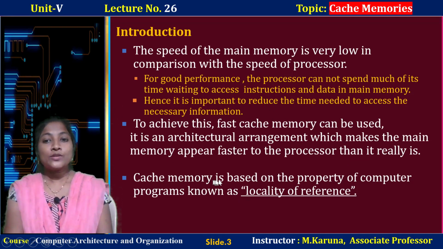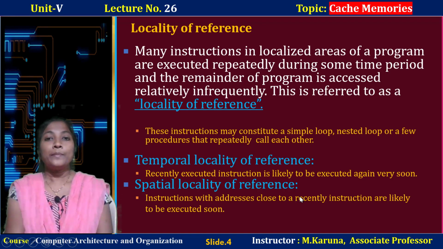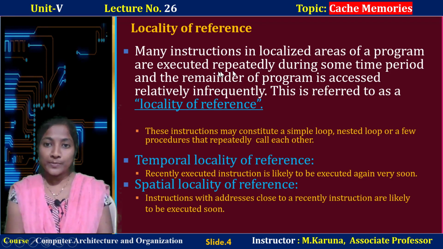The effectiveness of the cache memory is based on the property of computer programs known as locality of reference. Let us see what is meant by locality of reference. Many instructions in localized areas of a program are executed repeatedly during some time period, and the remainder of the program is accessed relatively infrequently.